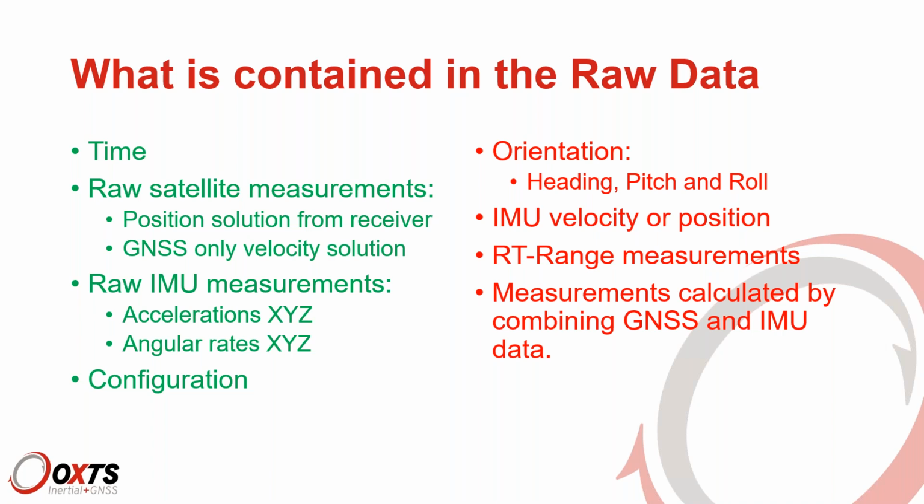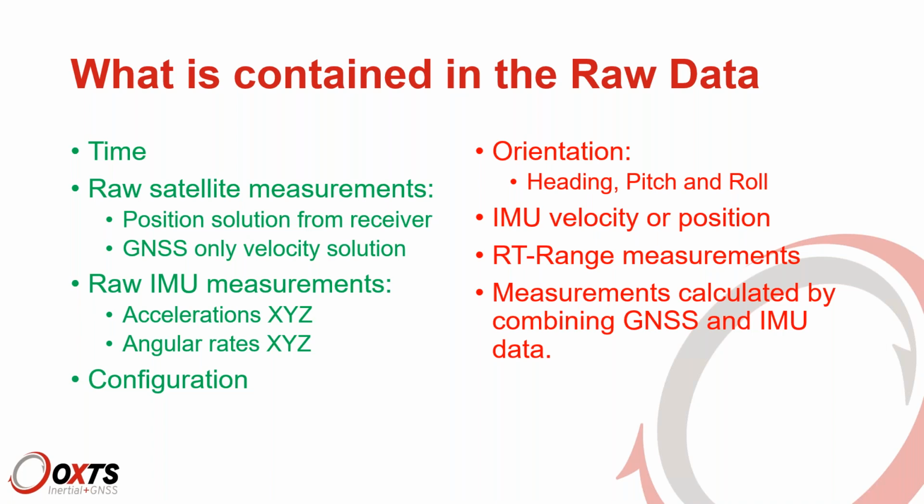But then in the red is the stuff which is not contained in the raw data. So orientation: in the raw data, all of the measurements are in the X, Y, Z orientation. So these are the three axes which the sensors are mounted on physically in the IMU. So you don't get any measurements of orientation like your heading, pitch and roll, or measurements in the vehicle frame.